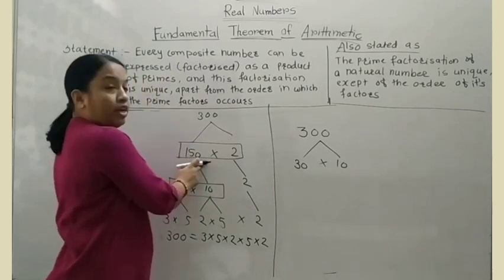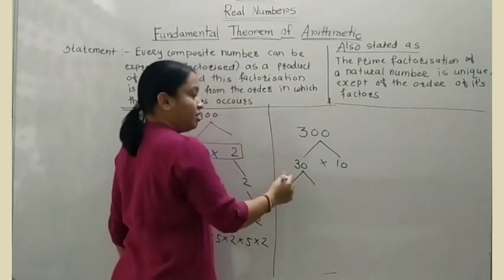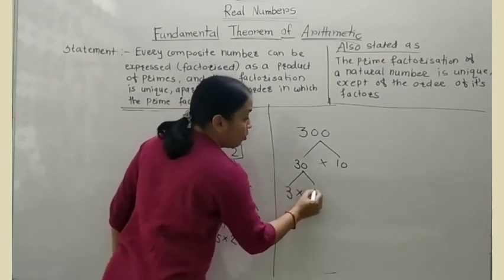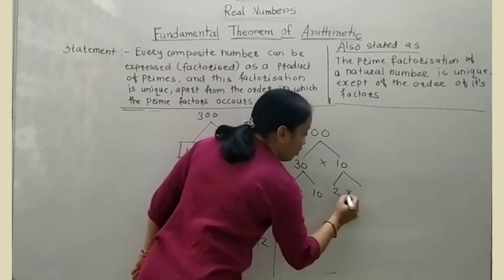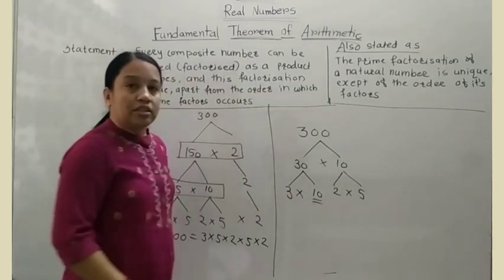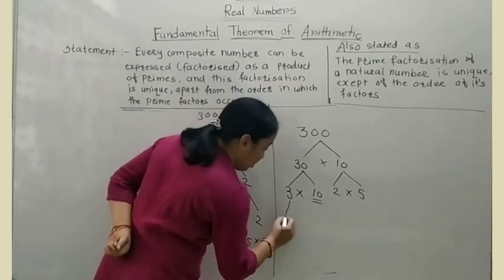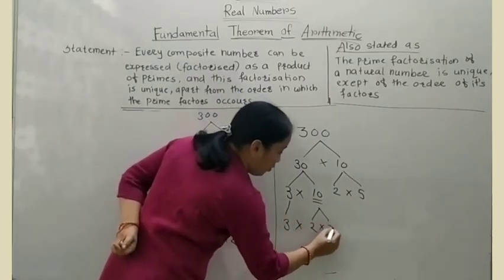I started with 150 into 2. Now I am going towards the other side. I can factorize this 30 as 3 into 10, and I can factorize the 10 as 2 into 5. Now again this number can be factorized in terms of the prime factors: 3 into 2 into 5.